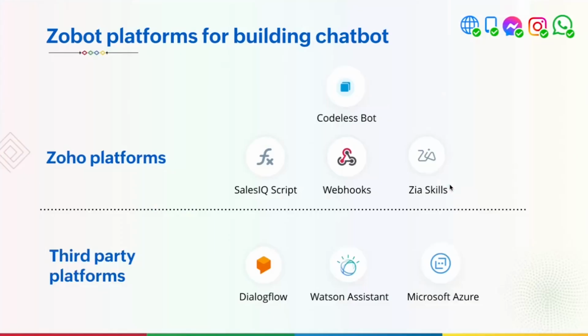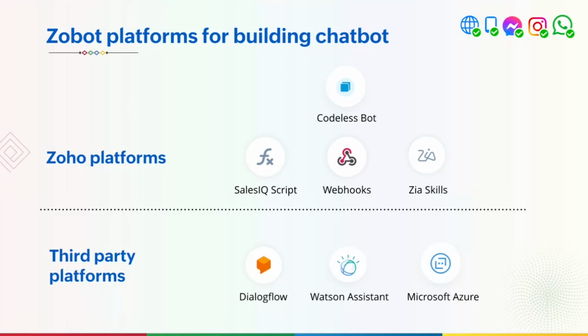So we have 7 different platforms to build a Zobot. First is the codeless bot builder, which helps you build a Zobot without any code. Then you have the SalesIQ script. If you love code, you can use the SalesIQ script platform to build your bot with Deluge. And if you have your bot on any internal services, you can hook your bot with SalesIQ by using webhooks.